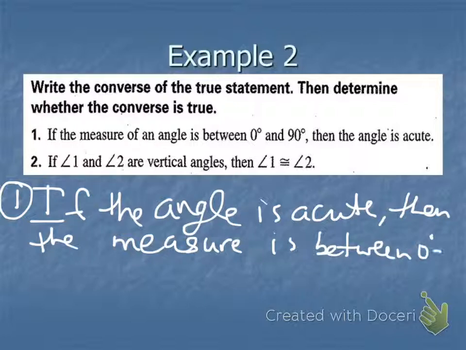Now your wording might be a little off, but that is the main gist of it. So if the angle is acute, then the measure is between 0 and 90. True or false? True. This one is true. Very good. Any questions on that one?